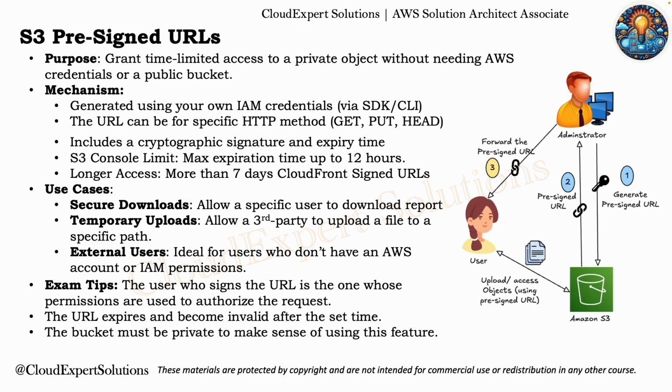This is more applicable if your bucket is private. If your bucket is public, then the URL won't be signed and anyone could access the data without this pre-signed URL. Now let's go back to the AWS Management Console and review all these three features one by one.